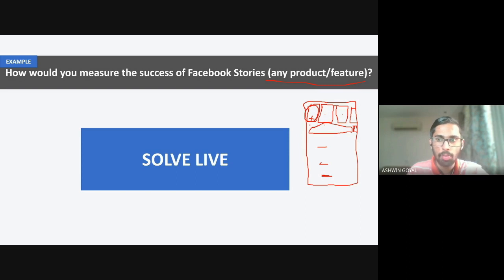So how to make more people upload stories? First of all, this feature is very discoverable, right? We can probably increase the size of stories. You can do things which affect this part, and to measure the success, we can look at the number of people clicking on this button, so the CTR of this plus button, the number of people uploading stories.